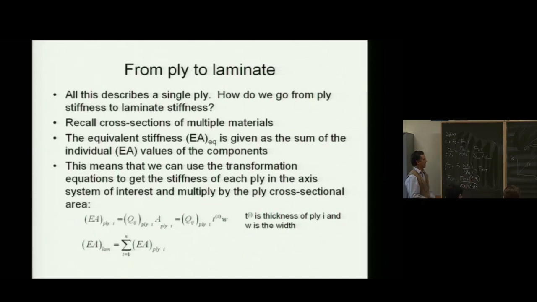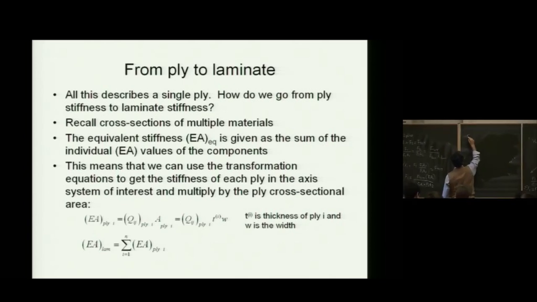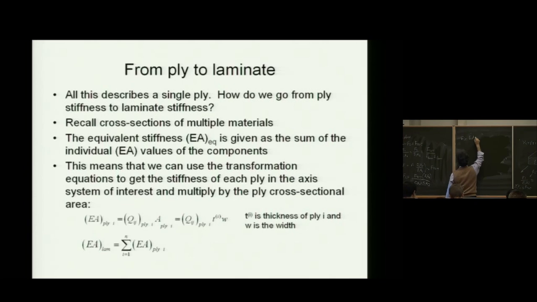So in general, I can generalize this and simply say that if I have I plies, Fi is equal to Ei Ai divided by the summation across all plies of EA, times the total force. So this allows me to find the individual force in each ply.